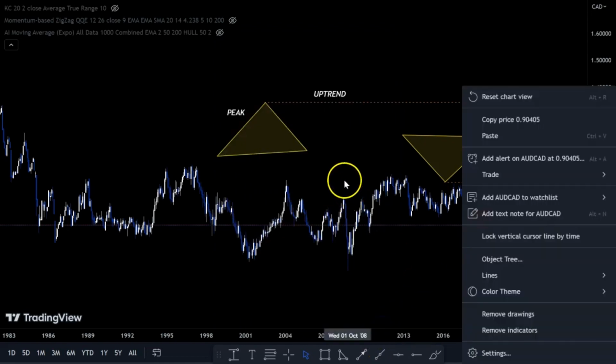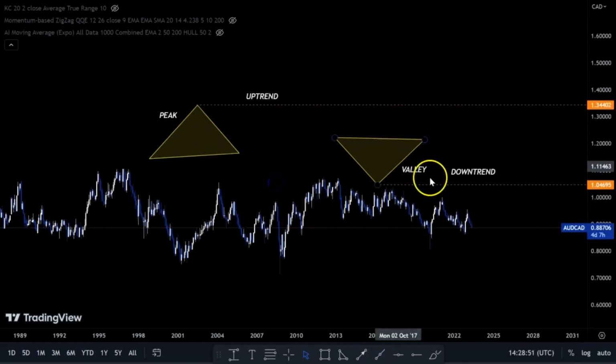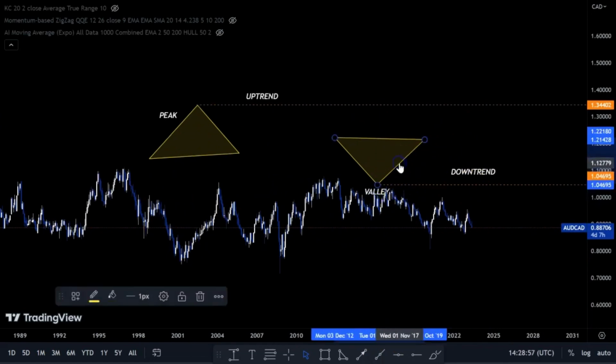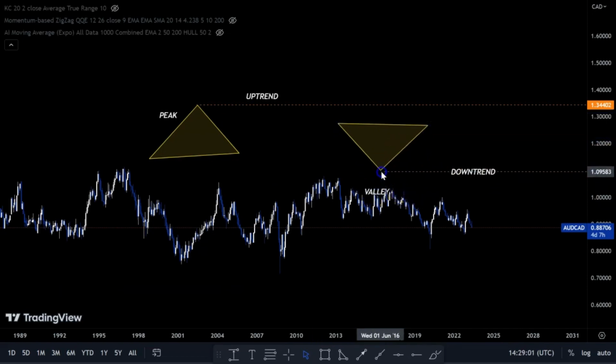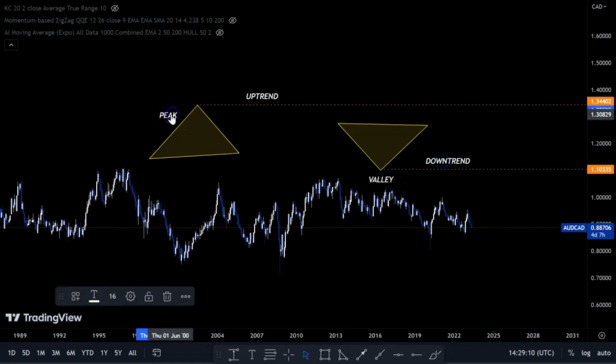Your downtrends form your valleys. Let me put this valley on here. Maybe move this upwards. I want us to be exact the way we are always exact in our levels. So this is your valley, and it comes as a result of your downtrend, and this is our peak, and it comes as a result of your uptrends.